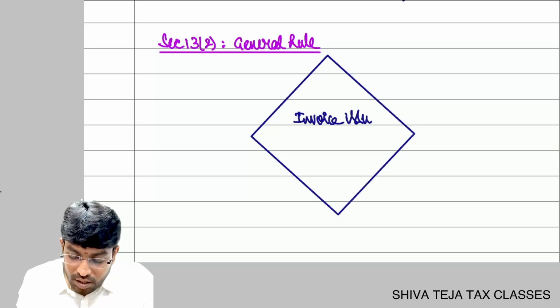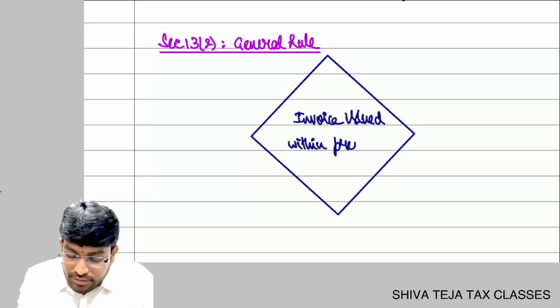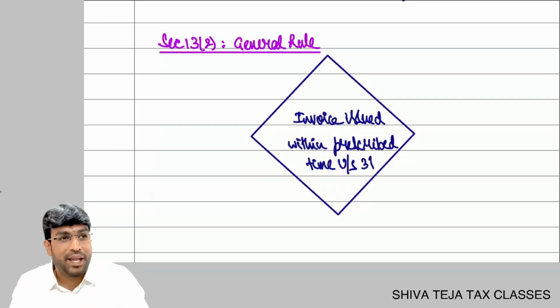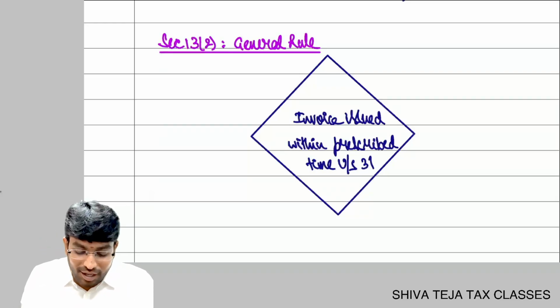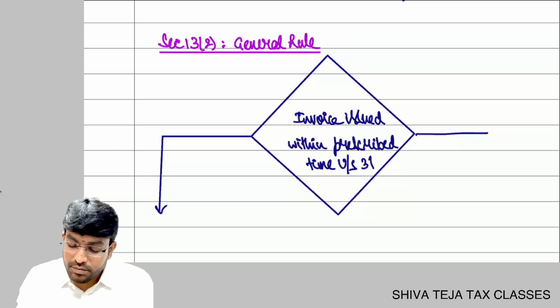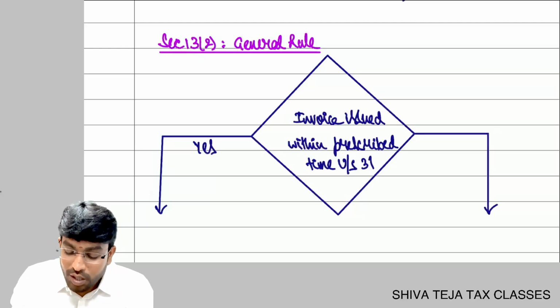Invoice issued within prescribed time under section 31. What is the prescribed time? We'll talk, don't worry. Now here there are two possibilities. Possibility number 1, yes. Possibility number 2, no.